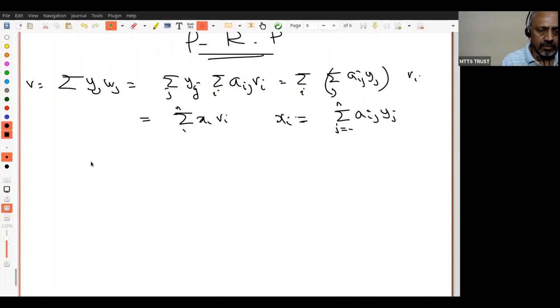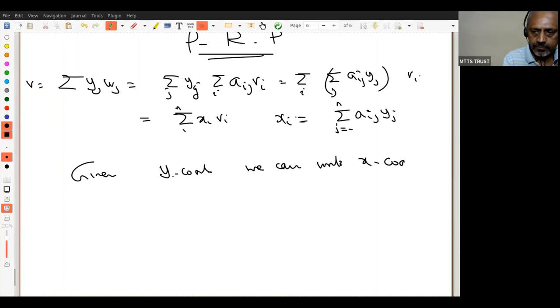So what I have found now is, given the y coordinates, we can find the x coordinates. That is, this is with respect to b dash, and this is with respect to b. I can write it, but what are these aij? Go back.